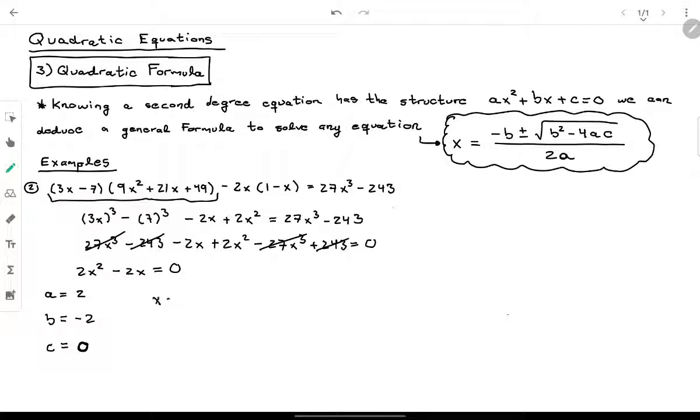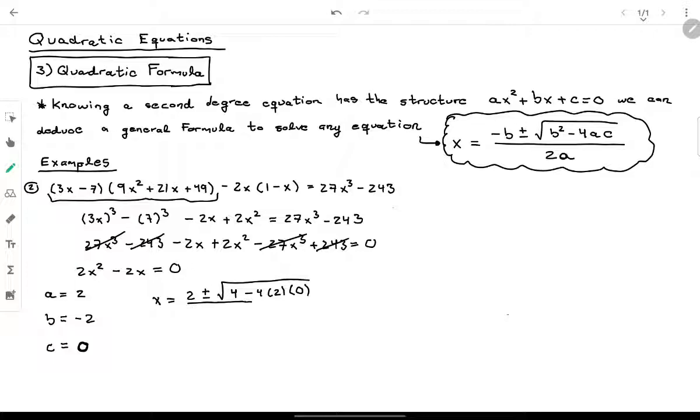So let's see, x equals minus b, minus multiplied by minus, it's plus, so it's going to be 2, plus minus the square root of b squared, minus 2 squared is going to be plus 4. Then it's going to be minus 4 that multiplies a, that multiplies c.